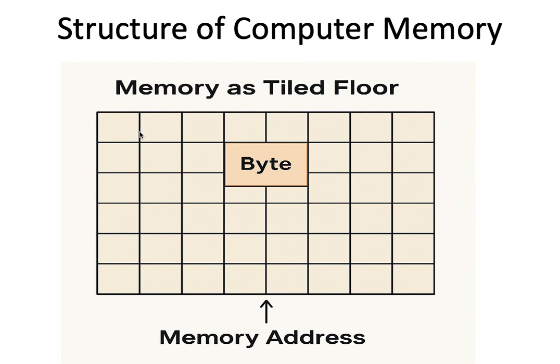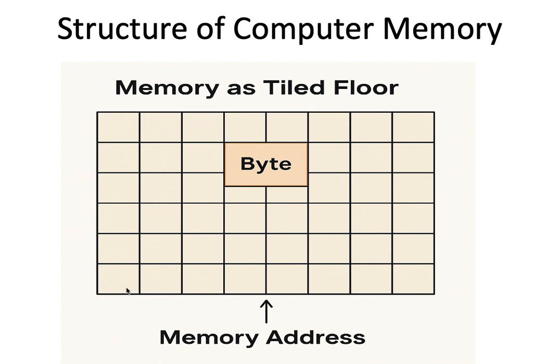We can imagine our computer memory very similar to this tile floor. We can imagine a RAM or computer memory as a giant floor which is made up of these kind of tiled structures. Right? Let us imagine this is our RAM or computer memory, and this is made up of these structures.